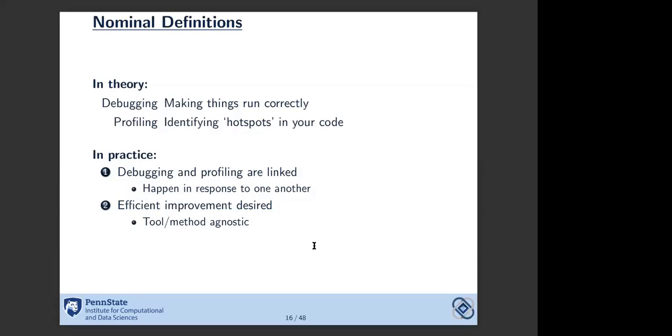So maybe you start by profiling your code, you find a particular part of your code that's taking a lot of time, so you make some modifications to make that part of your code run better, and then all of a sudden you may introduce a bug, or introduce something that makes the answer not come out correctly. So this profiling and debugging happens in response to each other.